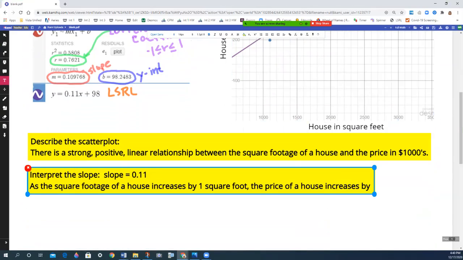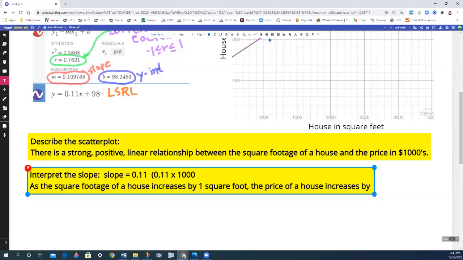Now, for this, just a little reminder, since this was in thousands of dollars, if I have 0.11, let me do it in parentheses. So if I have 0.11, and I am going to times it by 1,000, because really this is thousands of dollars.